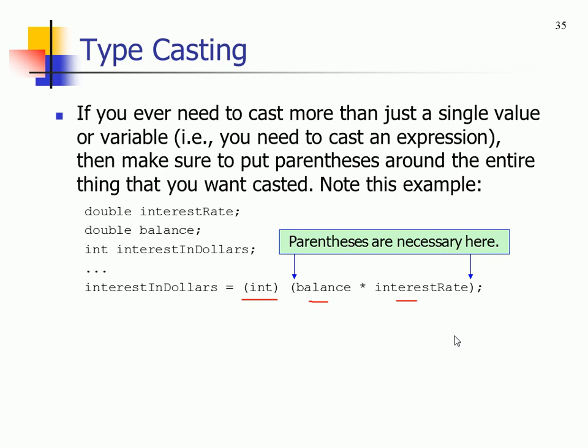Well, it'd be inaccurate then, because the answer would be an integer. I wouldn't have any decimal points in it, and I might have lost some money. Exactly. So I want to do the multiplication with the doubles and then convert it to an integer.